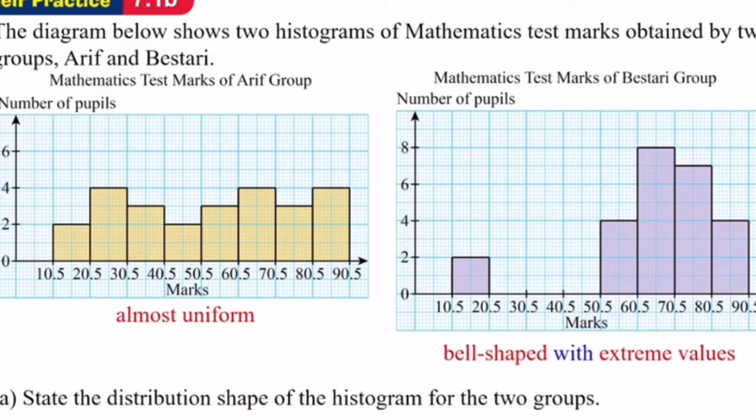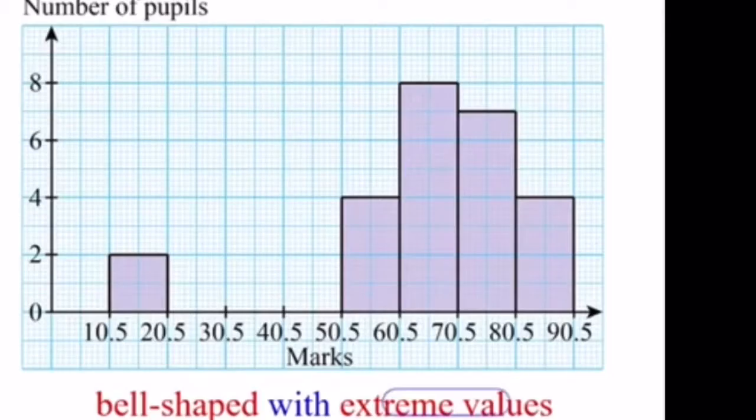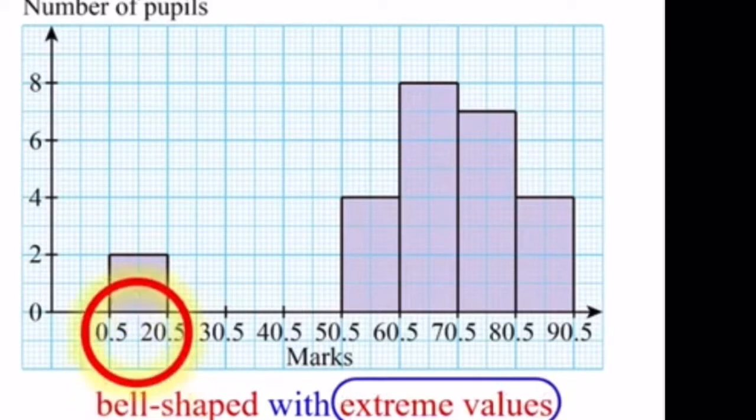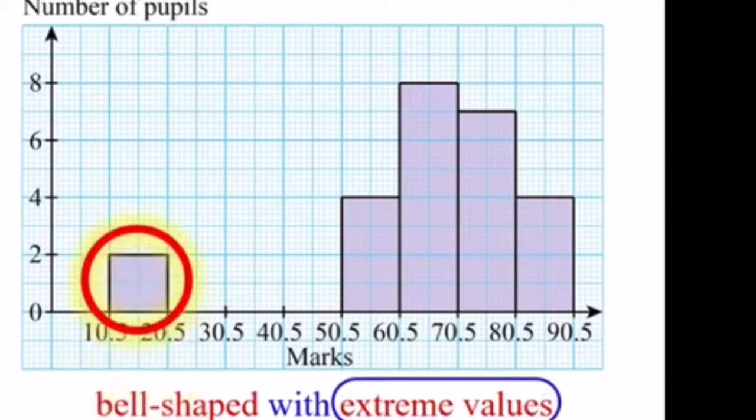All right, so you must know how to do comparison between the distributions of the marks. Now let's see this one. This one actually looks like a bell shape. Bell shape means the number of students who score low and high are fewer, and the majority of them are actually around the mean mark.